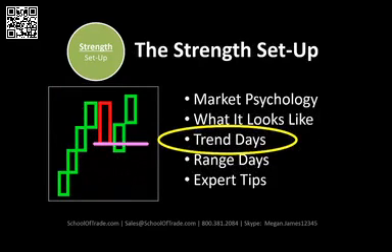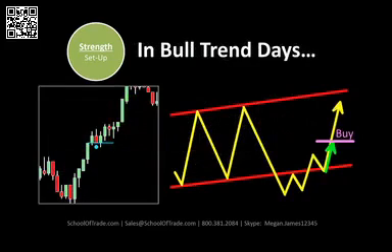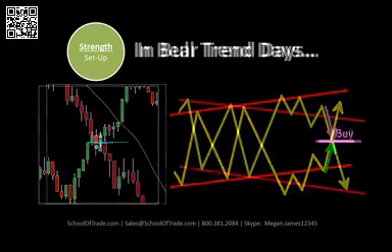Next up, now let's talk about where to look for these setups in trending environments. In a bullish trending day, the key is to buy as close to the low of the channel as possible. And this usually means the market has fallen below the channel and is now rebounding and running quickly back up to retest the highs.